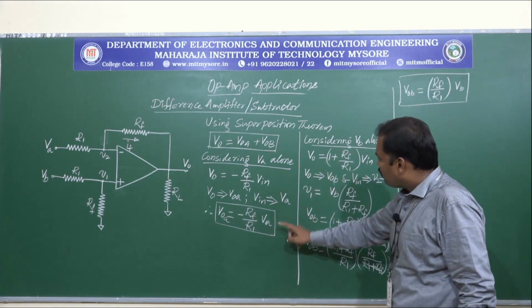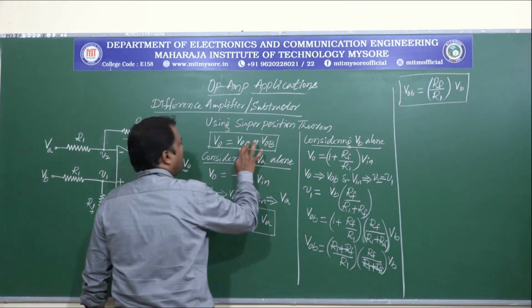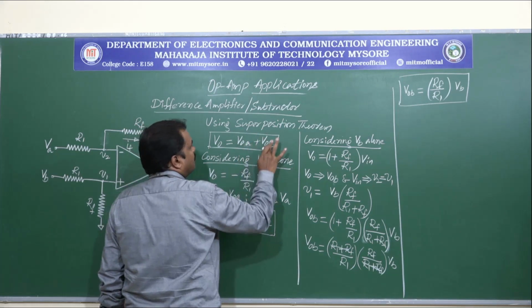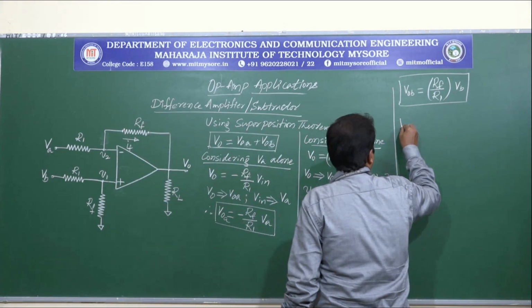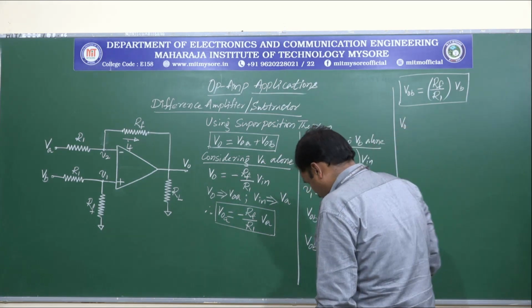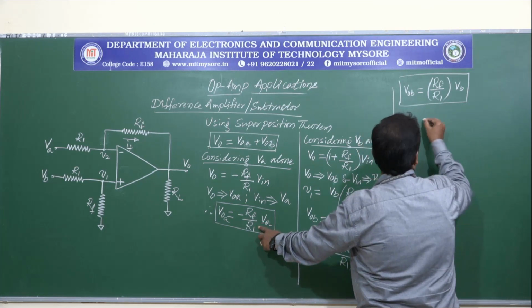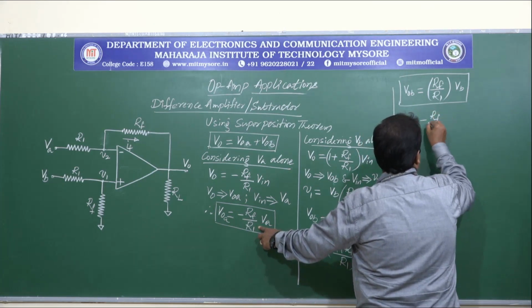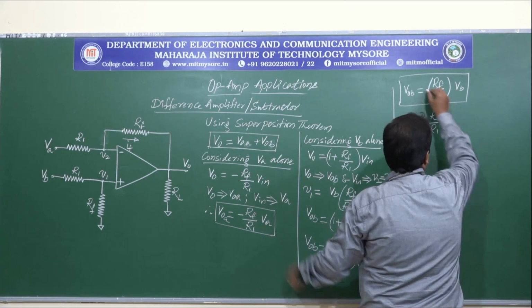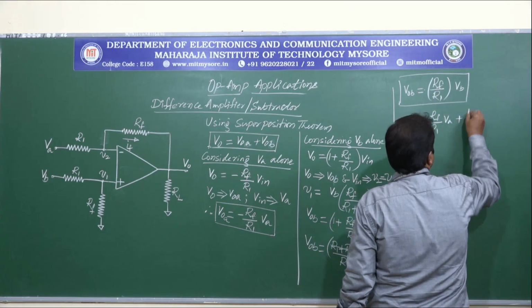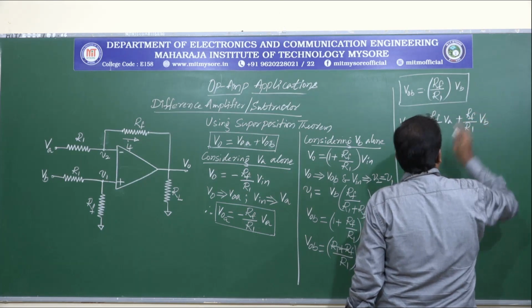Let us substitute these two in this expression. V naught is given by this one minus RF by R1 into VA, and this one plus RF by R1 into VB.